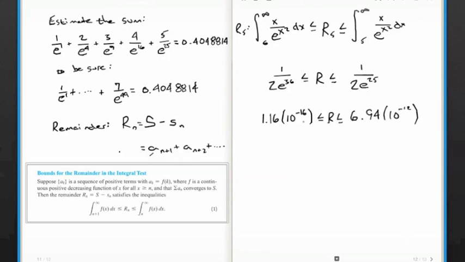So my remainder is in a very, very narrow range of very small numbers. So really, going out to the 5th term, the 7th term, gave me a pretty accurate range of what my final sum is.